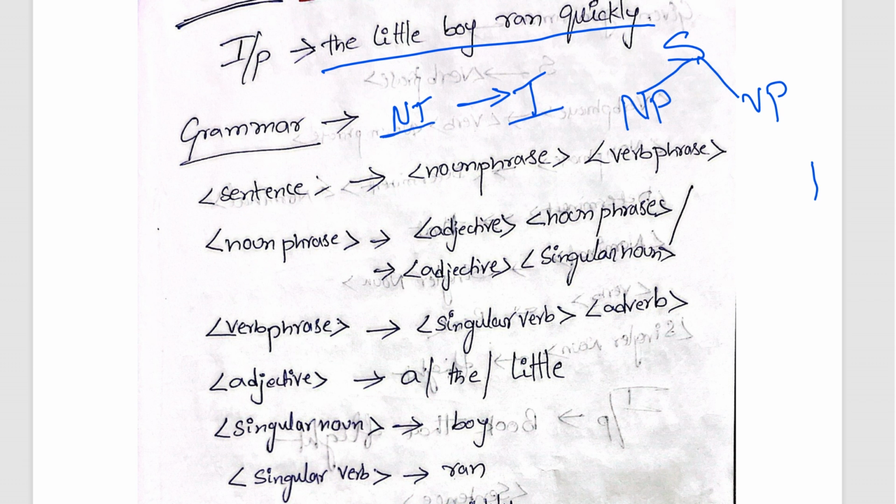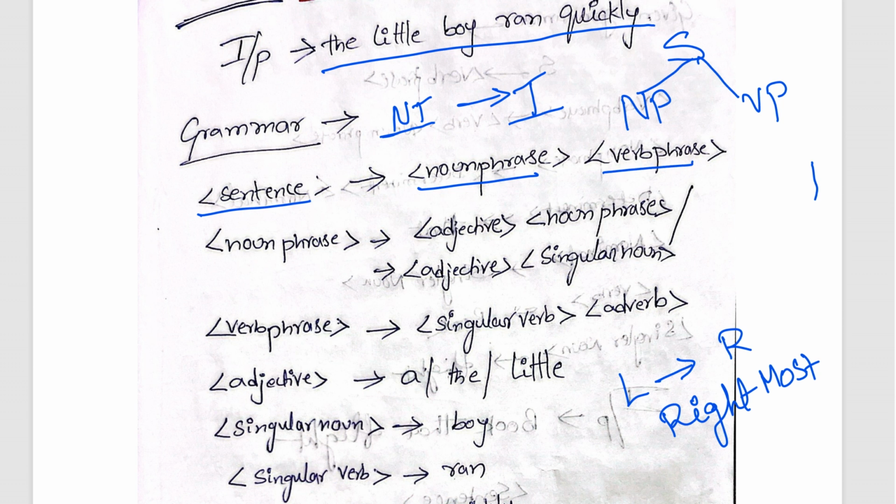One more important thing: the parsing is always done from left to right. That's why we can call it a rightmost derivation. Now coming to this sentence followed with a noun phrase and verb phrase.